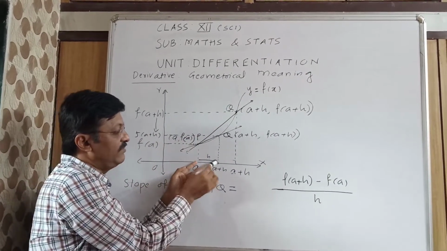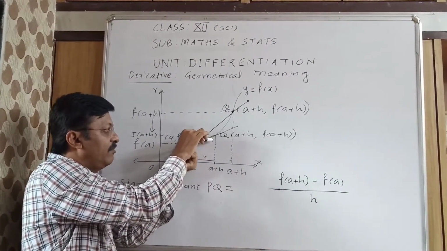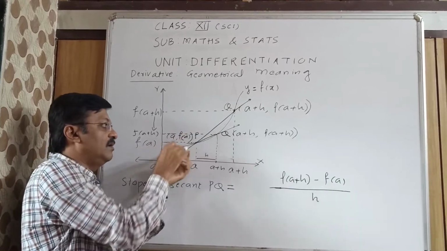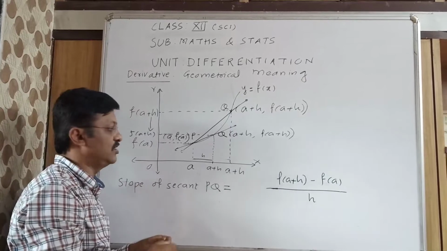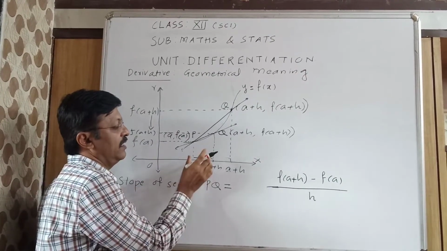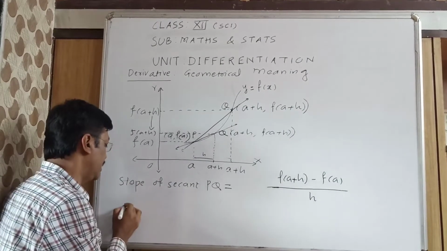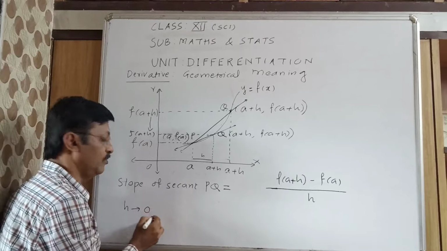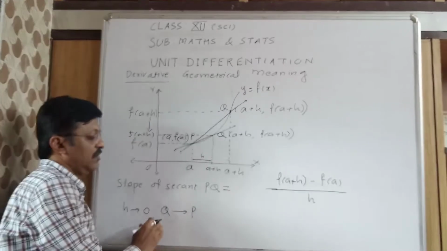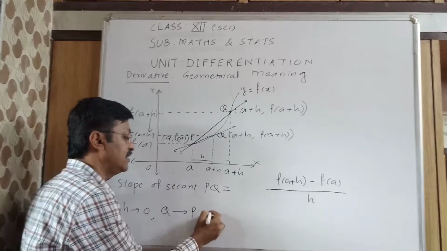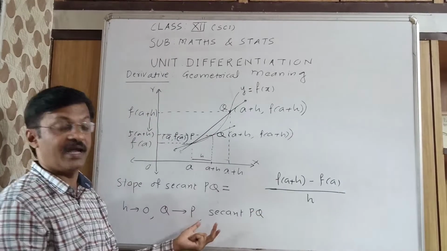If you make this h even smaller, Q will come very close to P. Secant PQ will be drawn like this. You can imagine this. And if you make h very small, means in limiting conditions, if you take h tending to 0, Q will come closer to point P, means Q will tend to P. What will happen to secant PQ in these conditions?